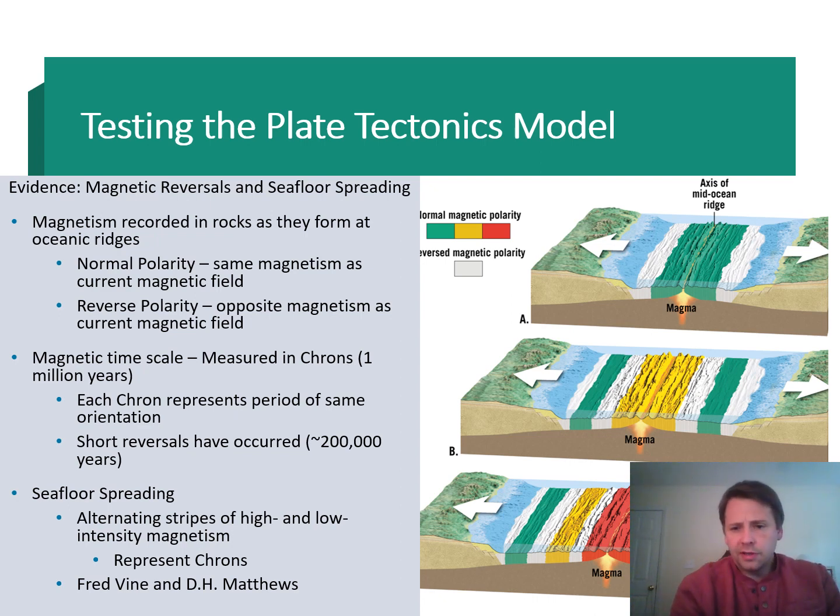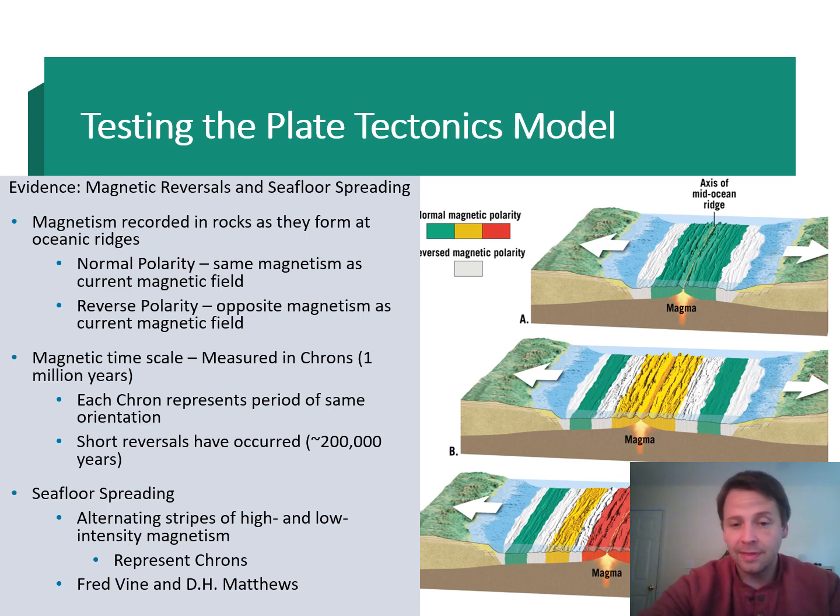And so what we call these periods, every 1 million years give or take, these will flip, and in the magnetic time scale you see here, we refer to each of these periods as chrons. So each chron is just that period of rocks where we're noticing different orientations, different strengths of polarity.